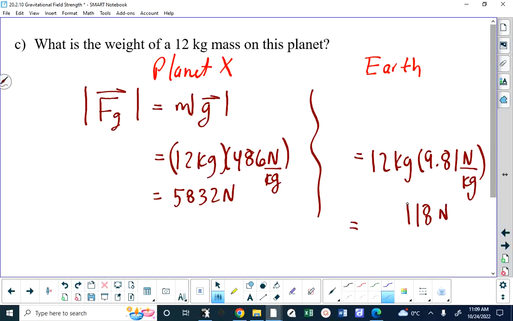So, what's something that is 12 kilograms? Let's see. 12 kilograms is about 30 pounds. And you can get dumbbells in 12 kilogram ones, right? So it's a pretty heavy weight, about 30 pounds.